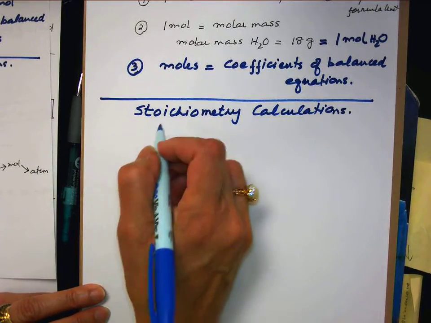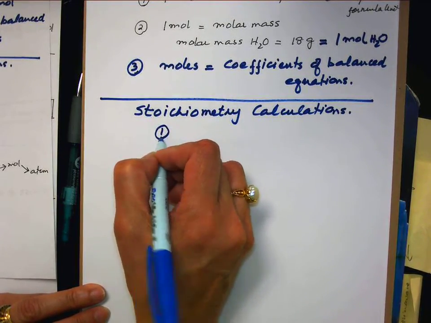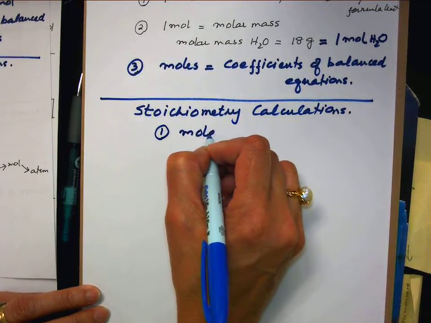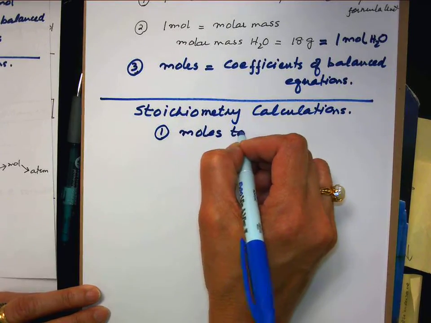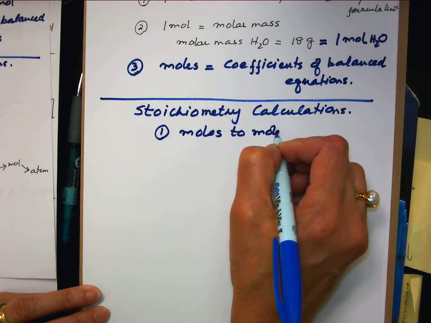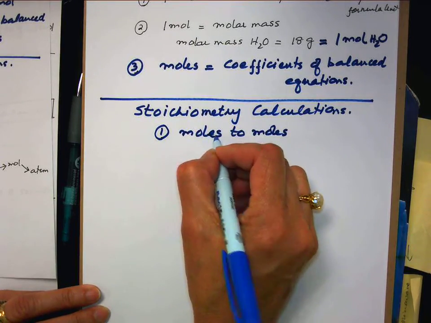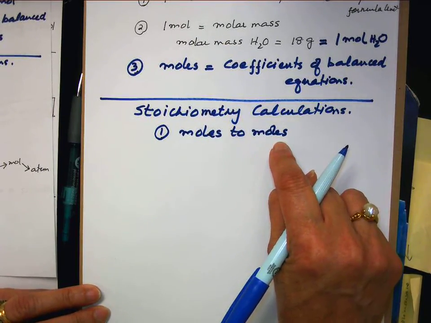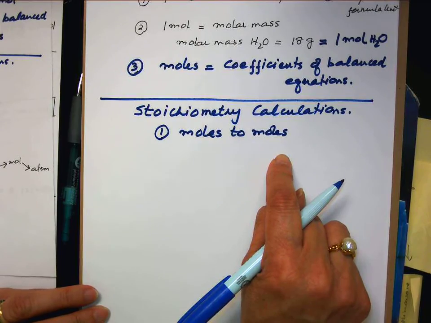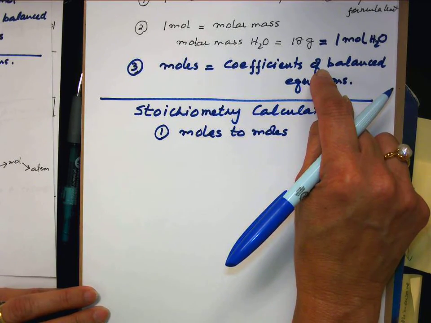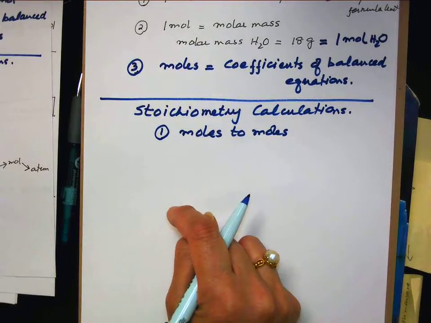Mostly, the first thing you're going to change is from 1 mole to another mole. All right, changing from one kind of mole to another kind of mole. So moles to moles calculation using the balanced equation. Okay, so that's number 1.